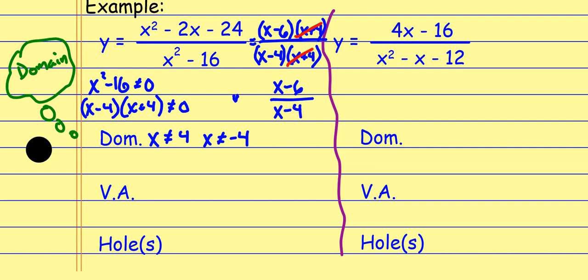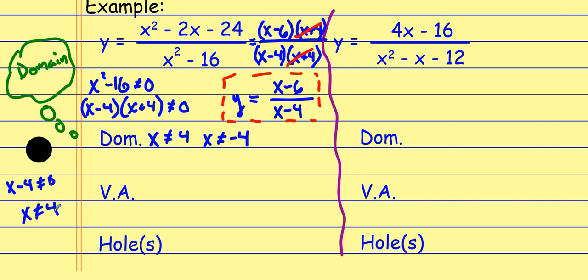And see, if I were to take that simplified version and say, okay, let's ignore the first half of the problem and just look at the simplified version. If I asked you, what's the domain restriction of just this thing right here? Like, what can't x be? You would say, well, the x minus 4, the denominator, can't equal 0. And if you solved that, you would get x can't equal 4.